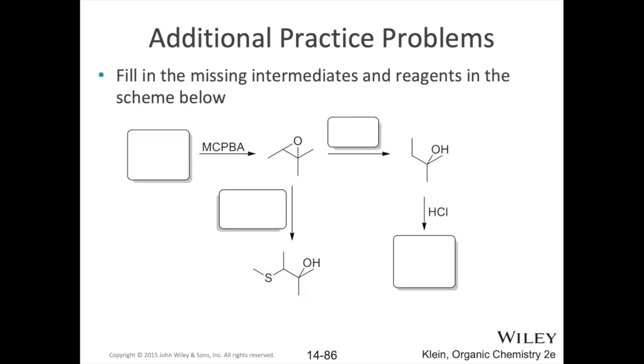All right, let's try another problem like that. So here we have an epoxide, and it looks like we made it by using MCPBA. So ask yourself, what does MCPBA react with to make an epoxide? Well, again, it's an addition reaction, right? So ask yourself, what did the alkene look like? And I think that one should be pretty straightforward.